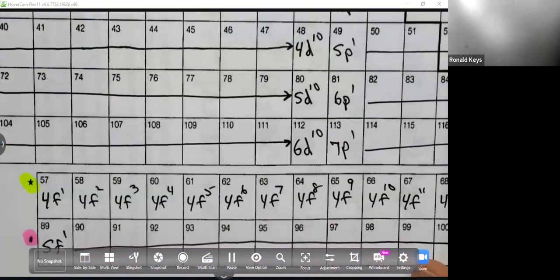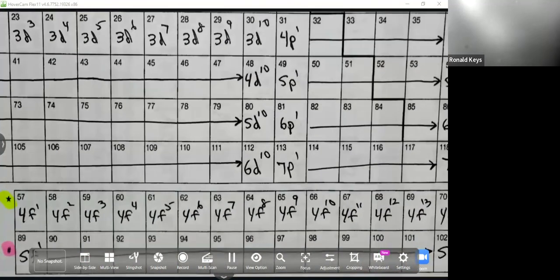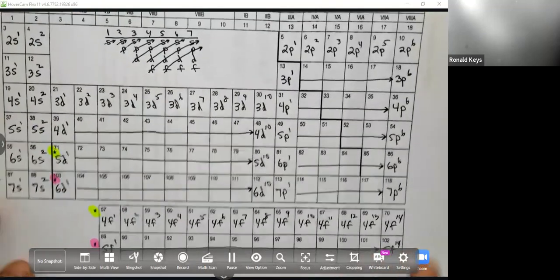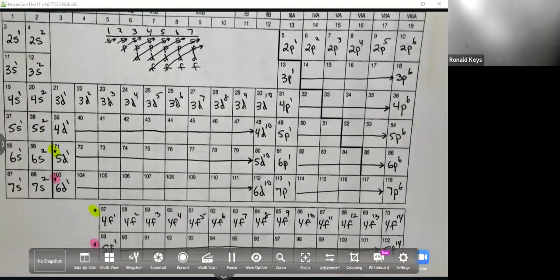That does our entire periodic table in the ground state.